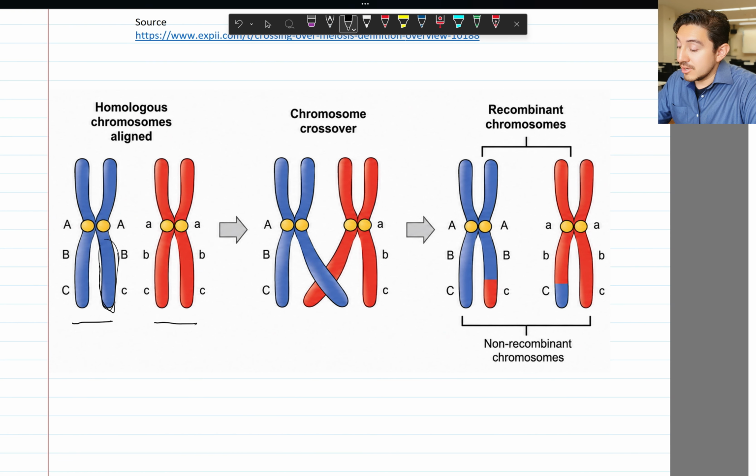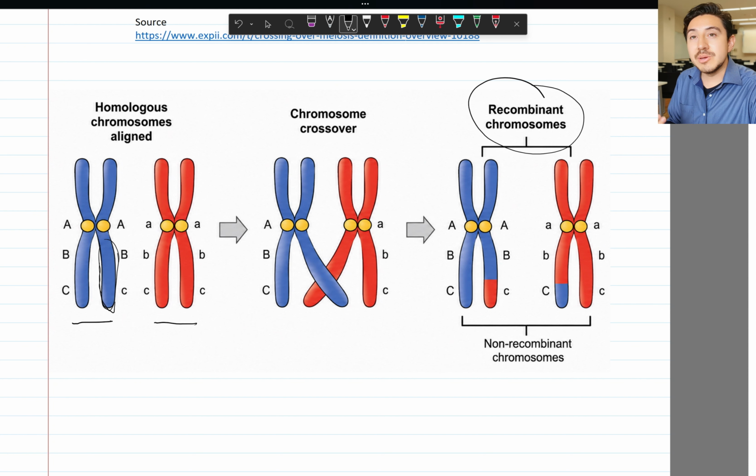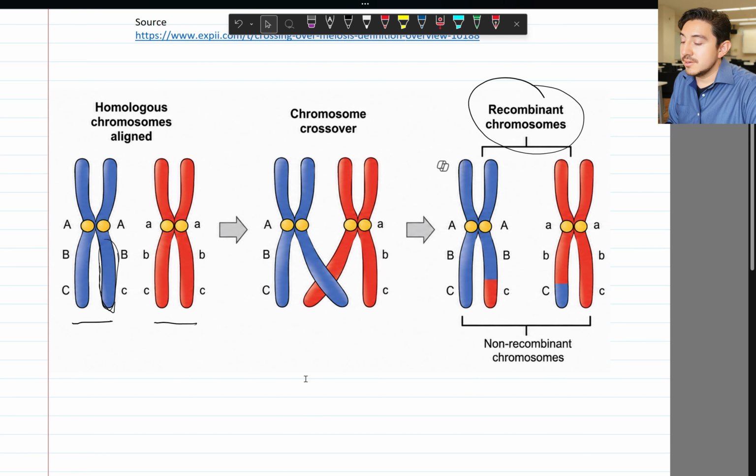And so you have what are called recombinant chromosomes now. Okay, all with the purpose to increase variation within the offspring. If they get this particular cell that has this recombinant chromosome, then you'll have variation in their genetics. Okay?